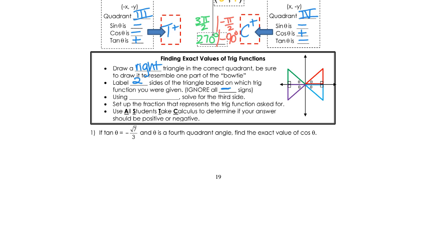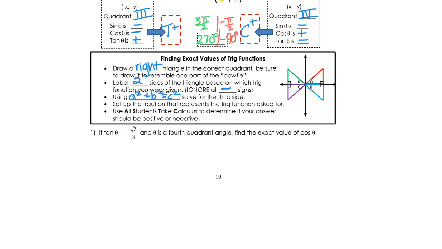We'll take care of our negative signs with all students take calculus. Using our Pythagorean theorem, a squared plus b squared equals c squared, we'll be able to solve for the third side since it's a right triangle, and we'll set up the fraction that represents the trig function asked for. We'll use all students take calculus to determine if our answer should be positive or negative.